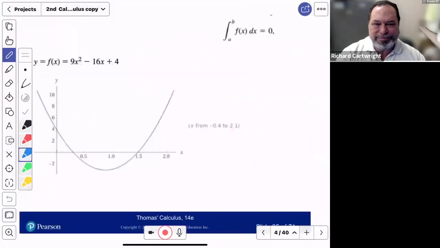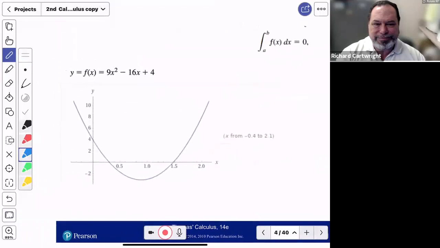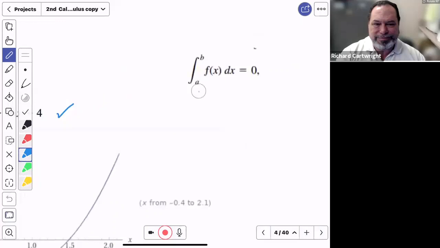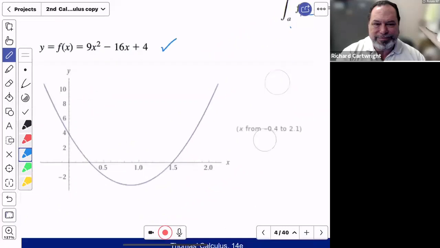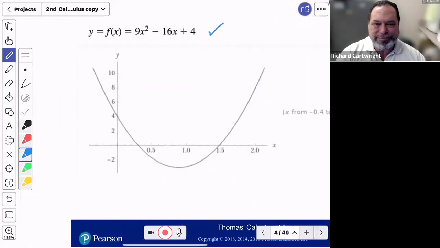I showed you something. All right. And I'm going to try to represent the same idea. This is the function that they gave us in the book. And he wanted to know that a to b of the function is 0. And I'm going to help you out. I'm going to let a be here at 0.